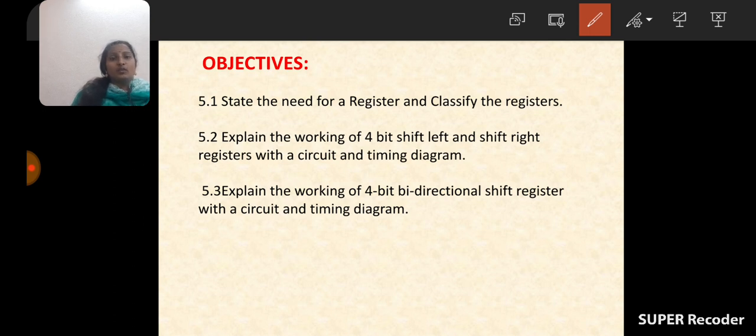Also we will discuss the working of a 4-bit shift left register, shift right register, and also a 4-bit bidirectional register. Bidirectional shifting means the register is able to shift the data in both directions, right to left and left to right. So these we are going to discuss.